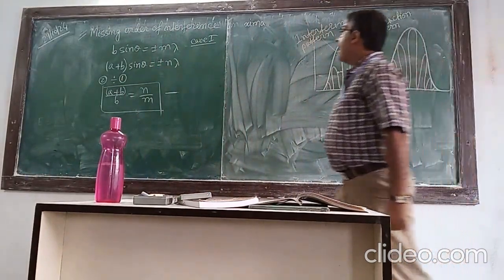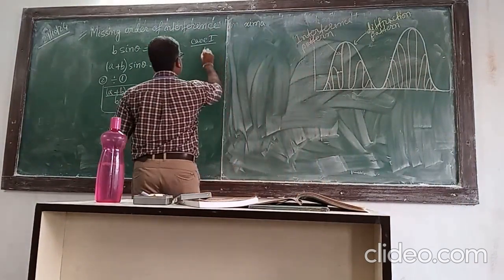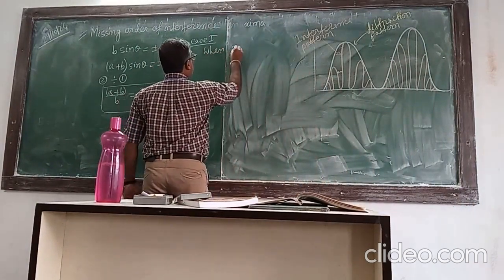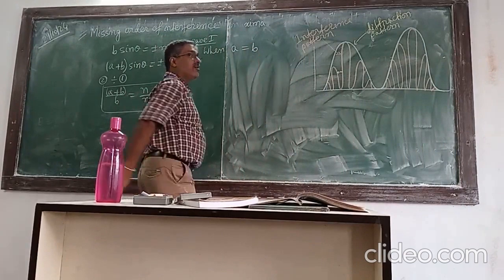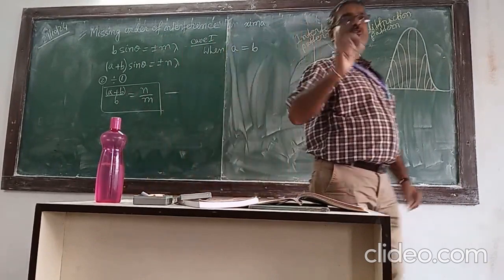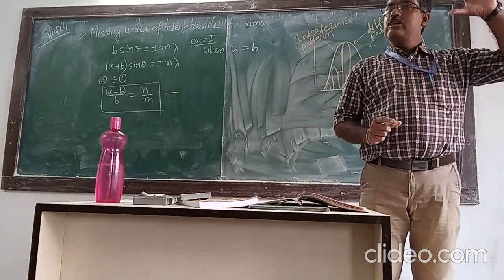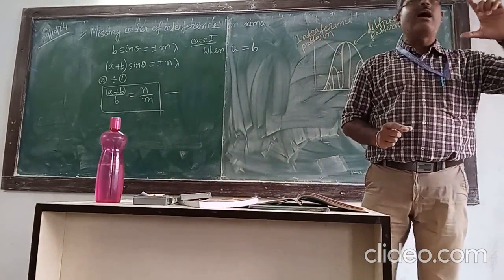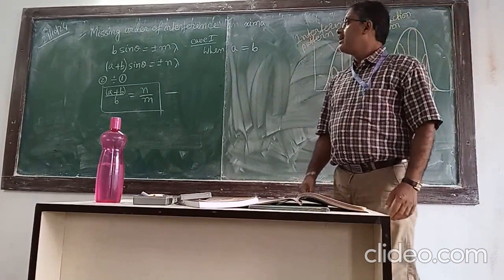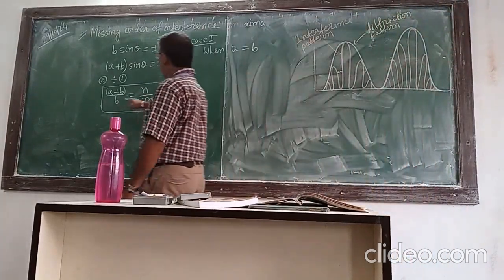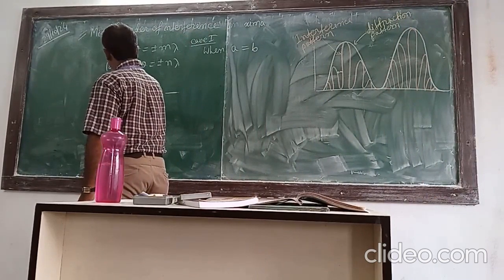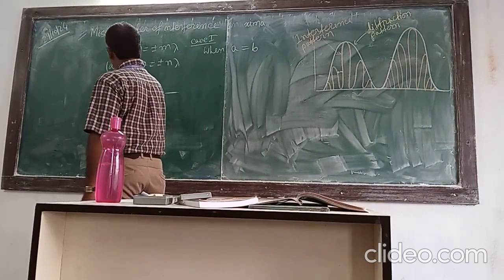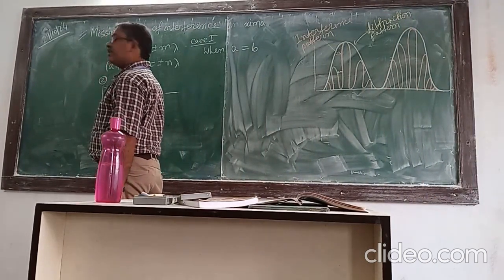So when A equals B, why? Because B is constant, we change the value of A. So at a certain time it may occur that A equals B. Then A plus A, that is 2A by A, is 2.